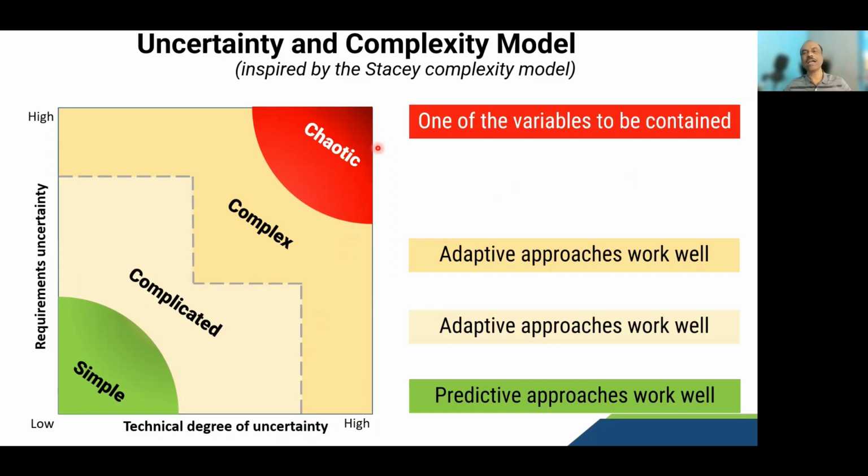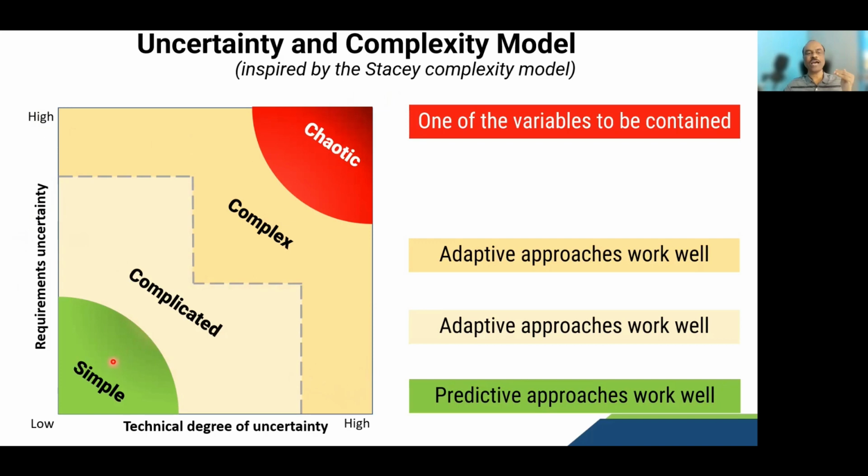So in these kinds of projects, it's better not to go ahead with the project because it's completely chaos. Rather, we should work towards reducing at least one of the uncertainties. We need to get more clarity in terms of requirements or maybe more clarity in terms of technical degree. Then we should start the project. Even adaptive approaches may not work in chaotic projects.